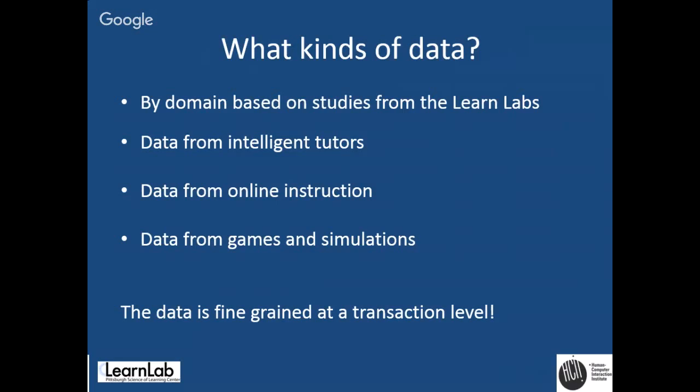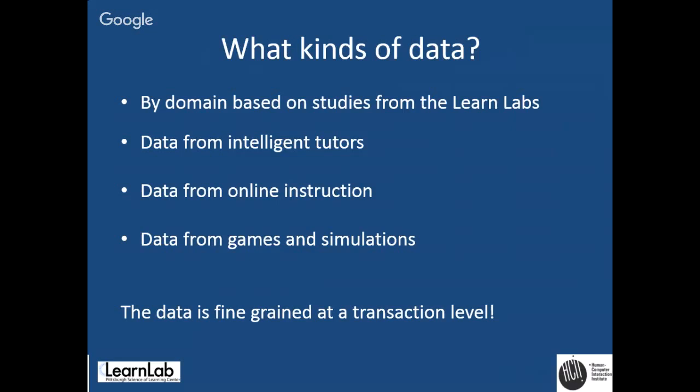So originally, as I said, this came out of the Pittsburgh Science and Learning Center, which had this concept of Learn Labs, which included algebra and French and English as a second language and genetics. And those were where a lot of the data came from. We also had CMU's large body of work in intelligent tutoring and adaptive learning.